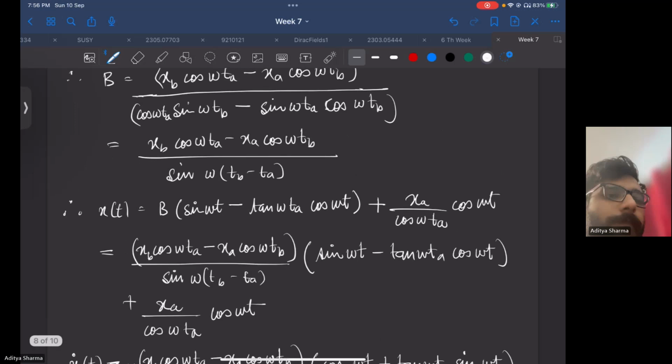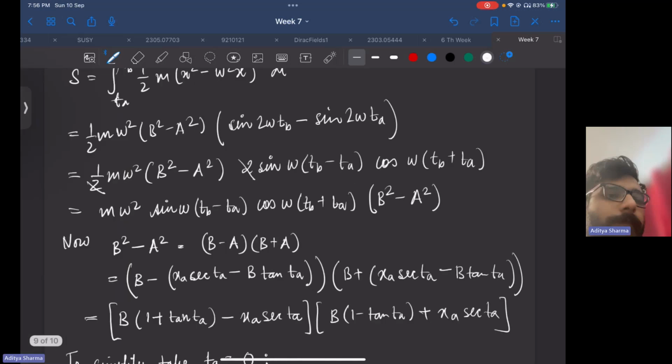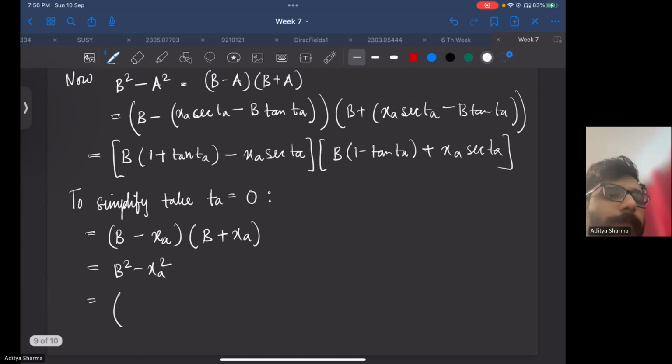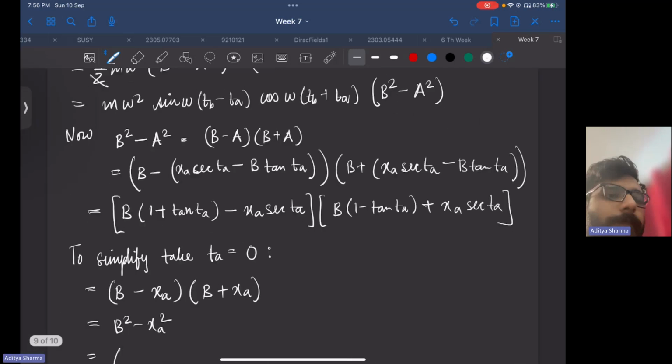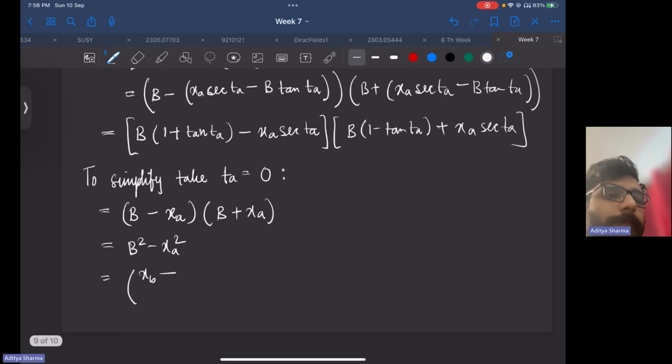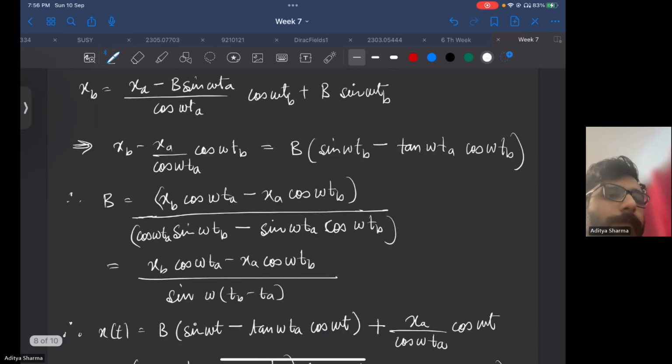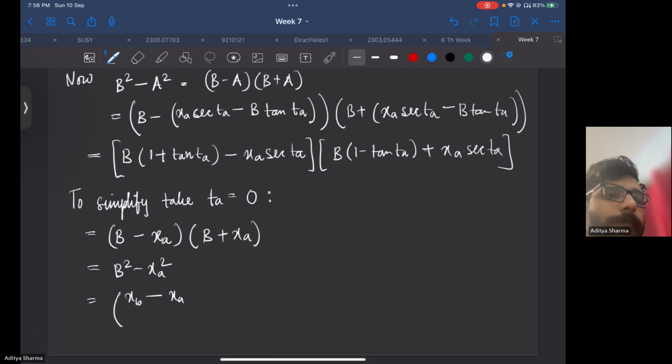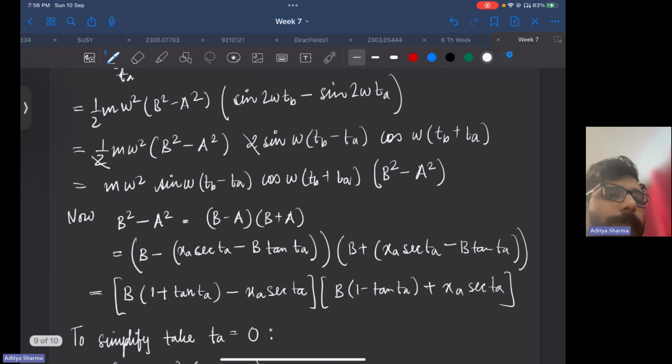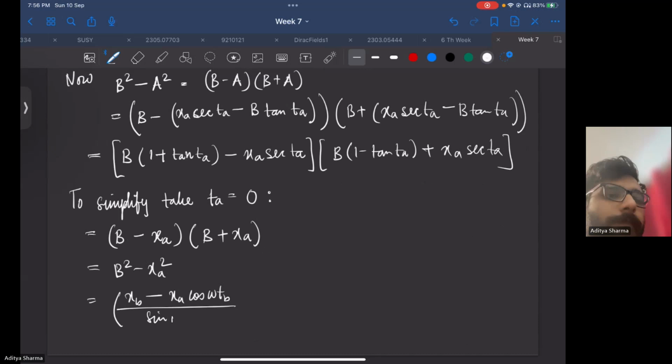Alright. And b is xb minus xa cos omega tb divided by sin omega big T. I'm going to write this big T minus x square. And this is also, so this whole square.